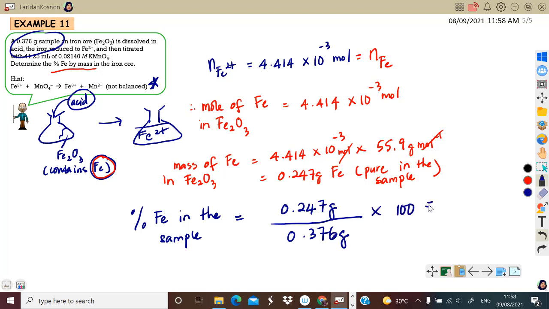Okay, right? So it is around, kita tekan calculator, so you akan dapat lebih kurang 55.7%. So this is the answer.